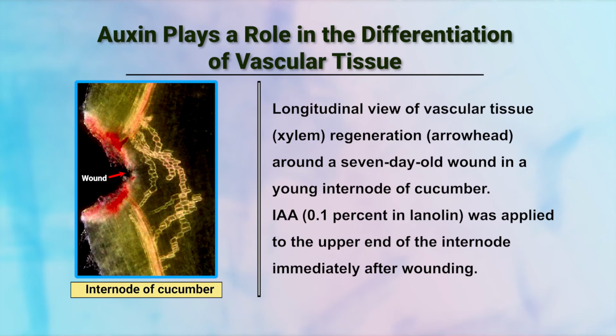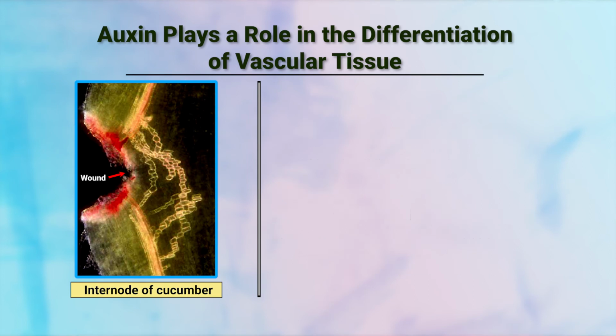and 0.1% indole acetic acid in lanolin is applied. Lanolin is colored red so that the flow of auxin can be easily tracked.